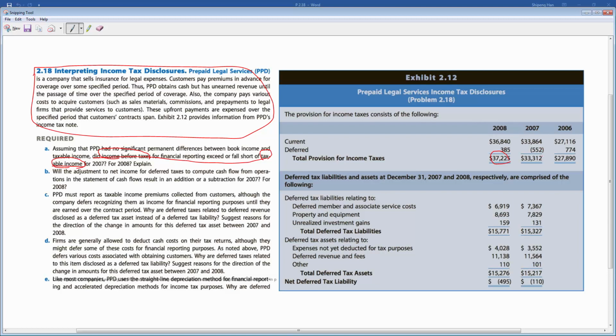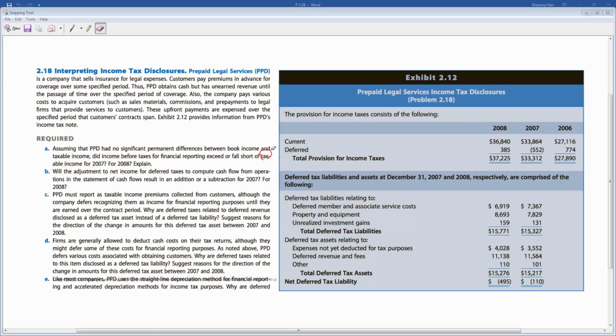The reason is when you prepare income statement, you deduct less than the statement of cash flow. So you should subtract the difference. Okay, these are very, the question we can answer directly, from the disclosure or footnote.